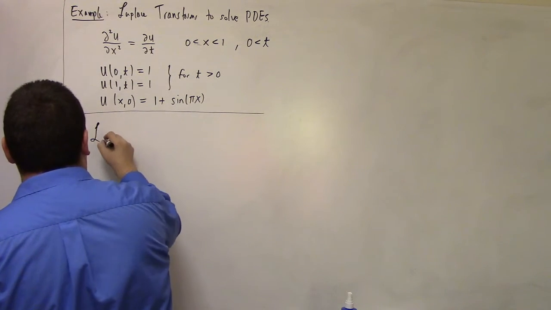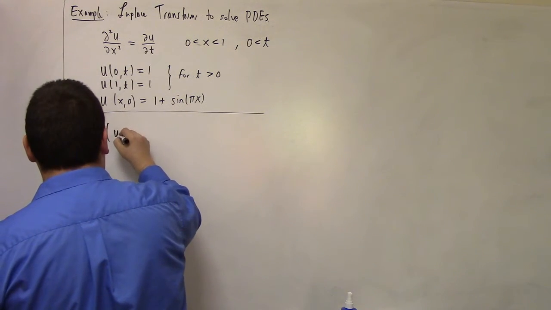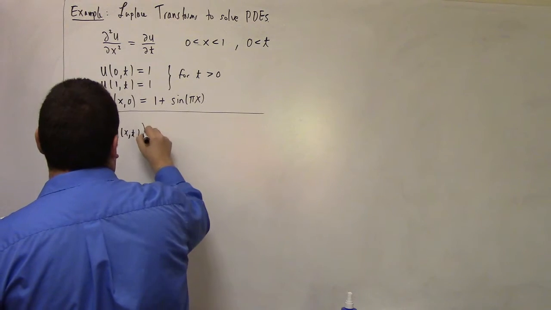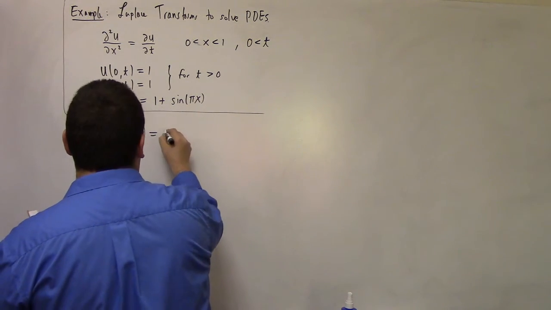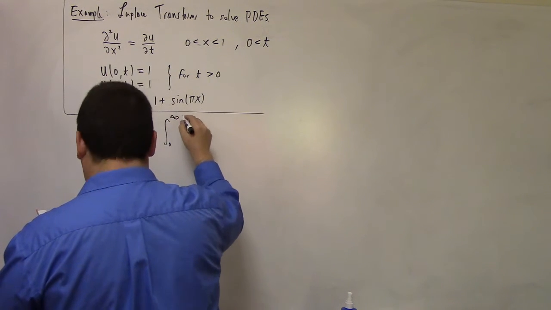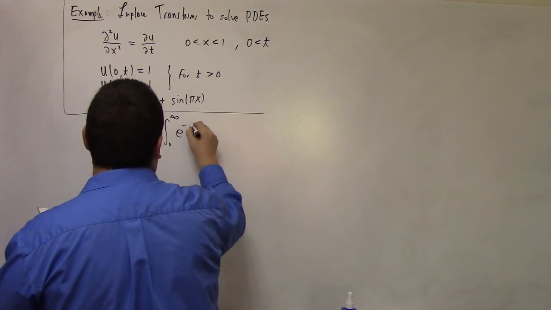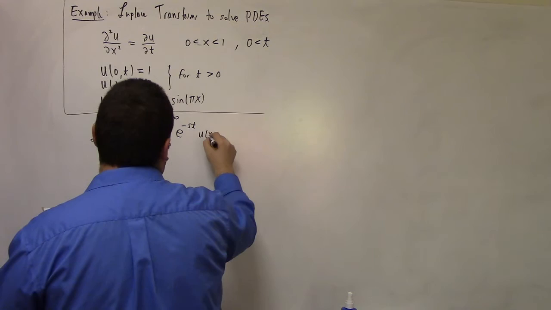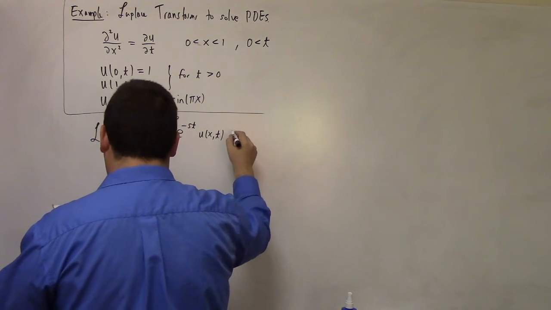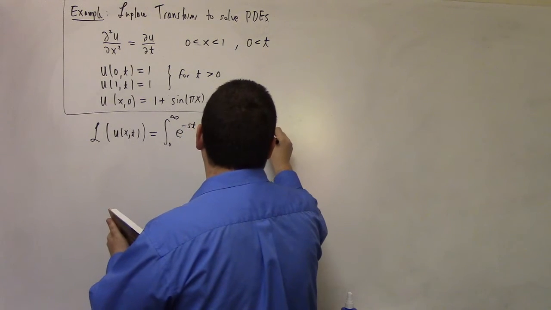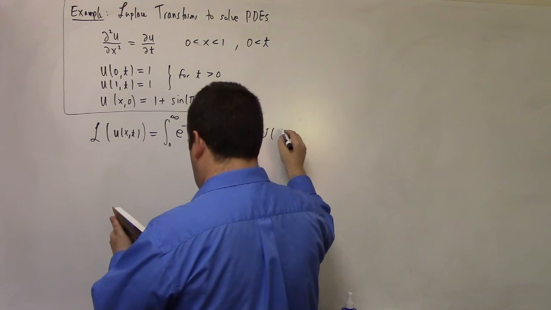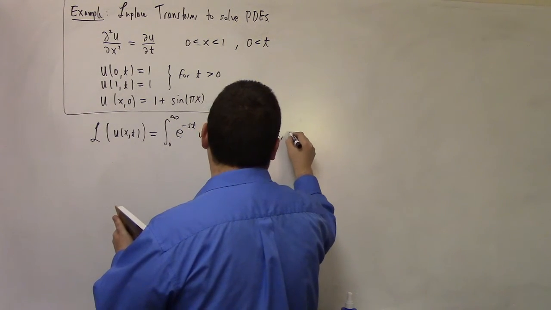He defines the Laplace transform of a function of 2 variables, basically treating the x as just something that's riding along. So the integral from 0 to infinity of e to the minus st, u of x comma t, dt, and the notation we use for that is big U of x comma s.